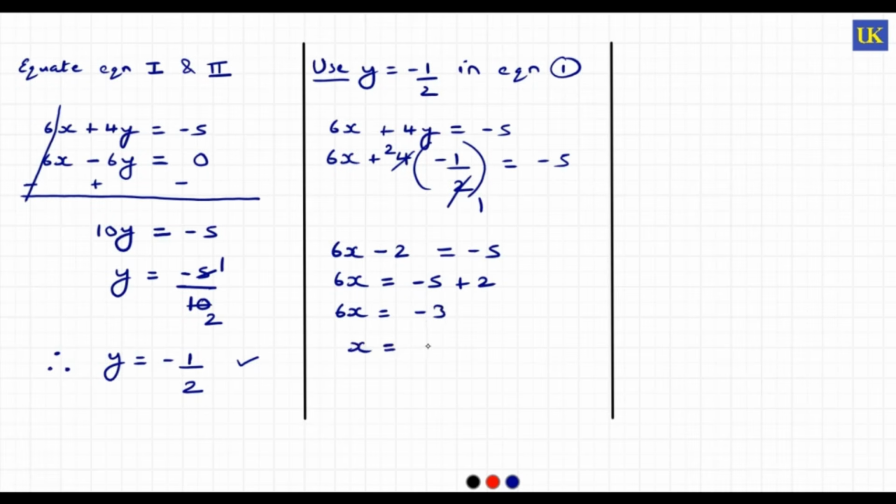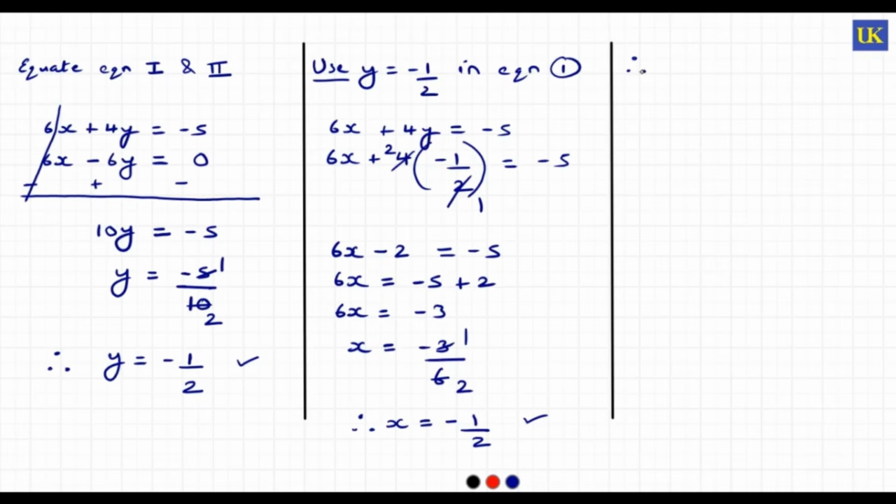So x is equal to -3 upon 6. 6 will go to the other side. 3 ones are 3, 3 twos are 6, and again we have this minus sign here. So the value of x will also become -1/2. Okay, so x and y both the values we have. Therefore finally we can write our answer here.